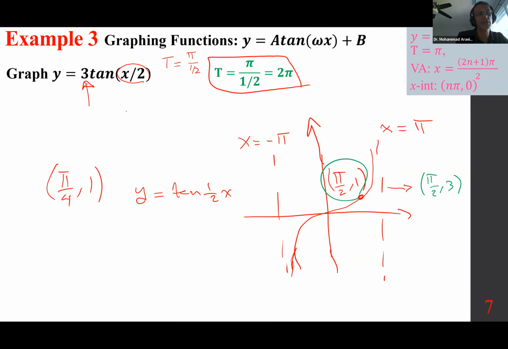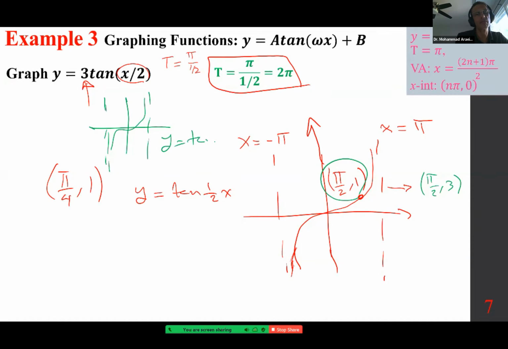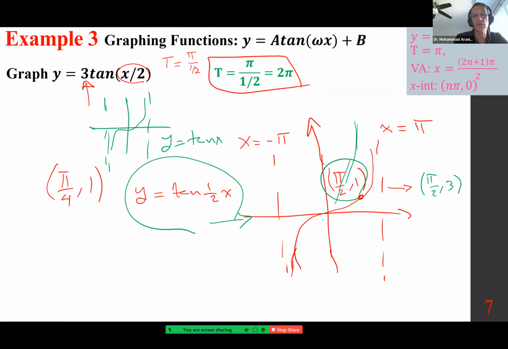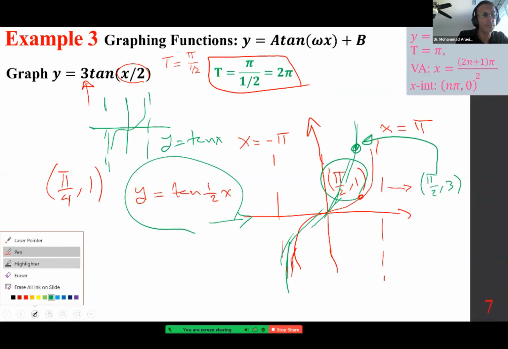A recap is this is y equals tan x, and this is y equals tan of 1/2 x or x over 2, and then you just stretch this, it becomes looking like that, pi over 2, 3. That would be the process. Let's clean up.